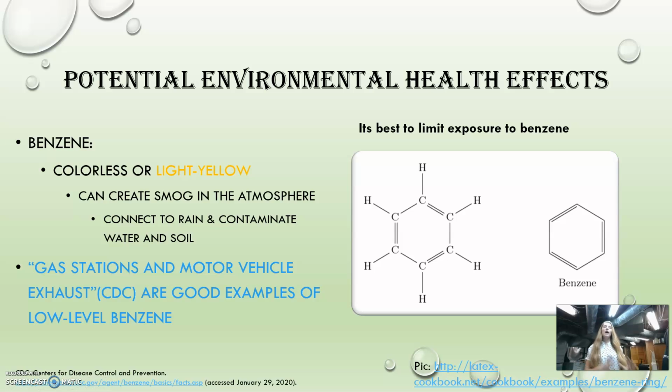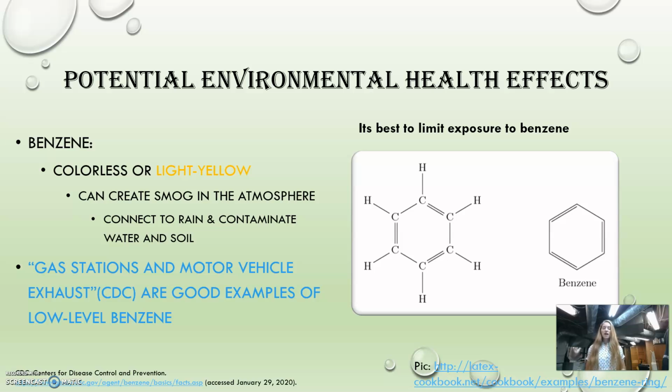Putting that into real life events, benzene is a potential environmental hazard when it comes to any type of gas or exhaust. That is stated by the CDC. They are very good examples of benzene. It is colorless or light yellow.